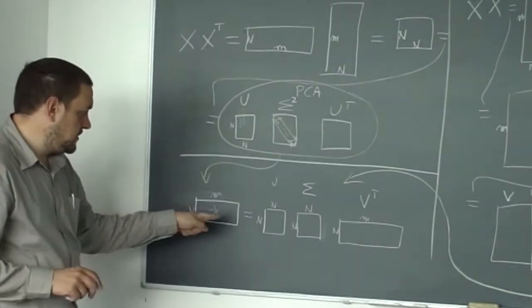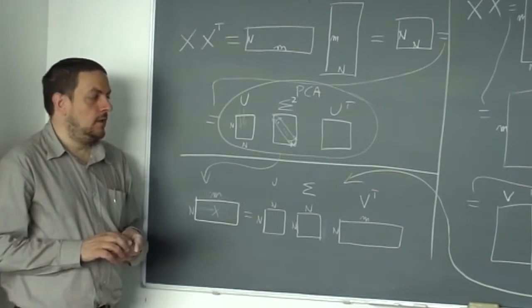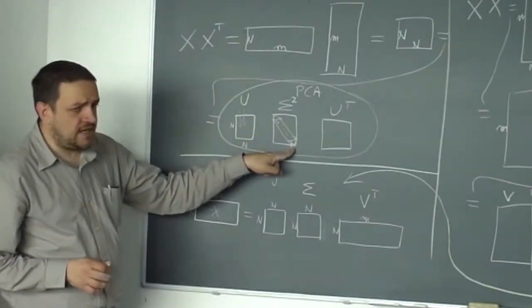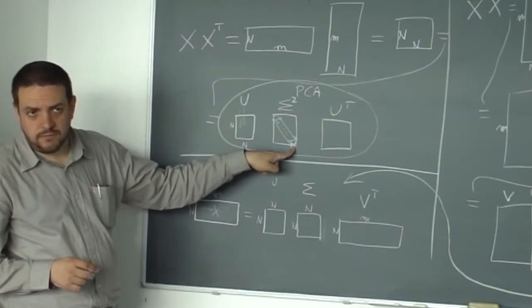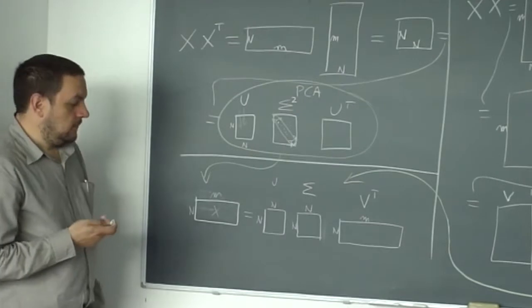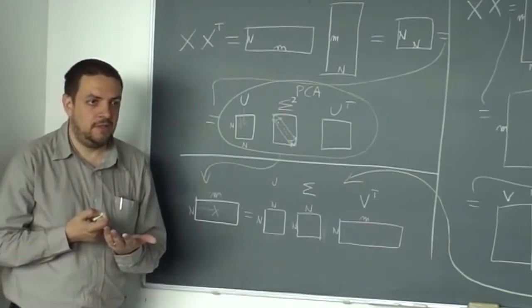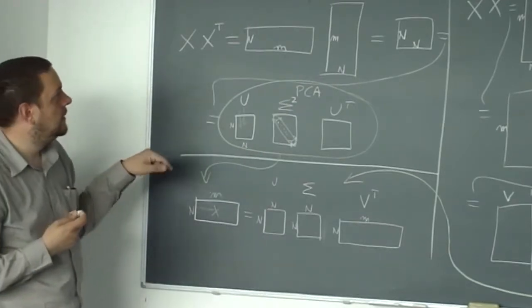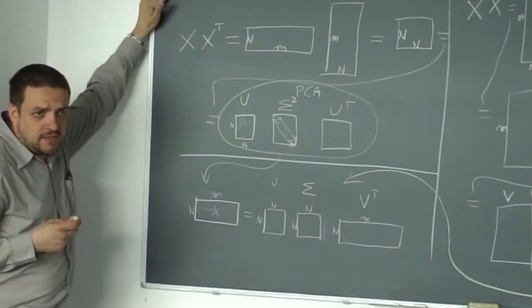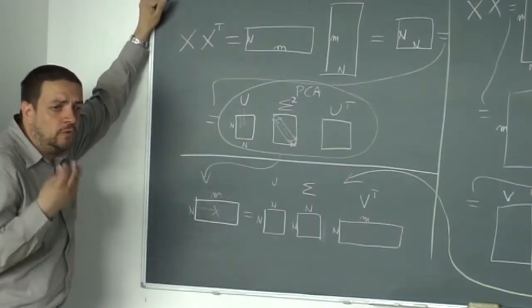This is what happens provided that all of the n eigenvalues are different from 0. What can happen is also that the original matrix X does not have full rank.